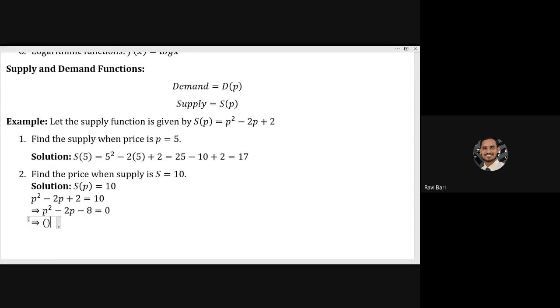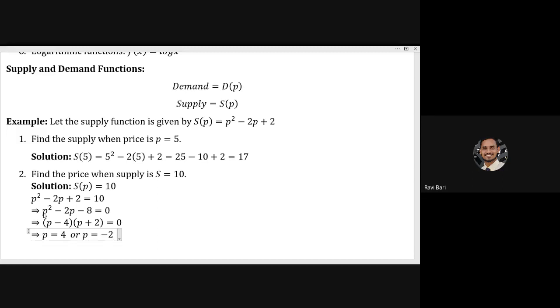Now we have p minus 4 and p plus 2 is equal to 0. So this implies p is equal to 4 or p is equal to minus 2. So that means price is either 4 or minus 2.